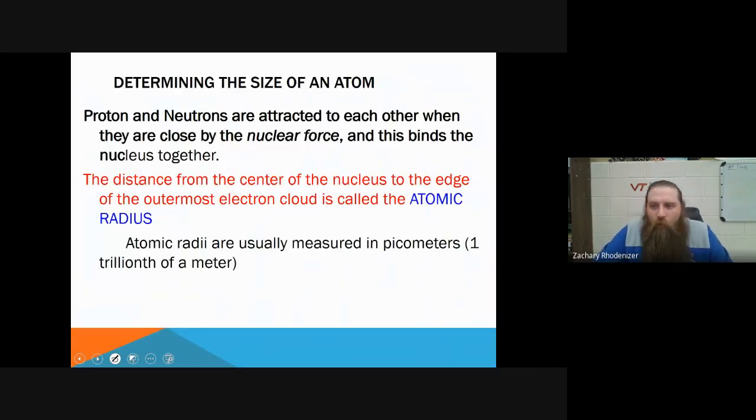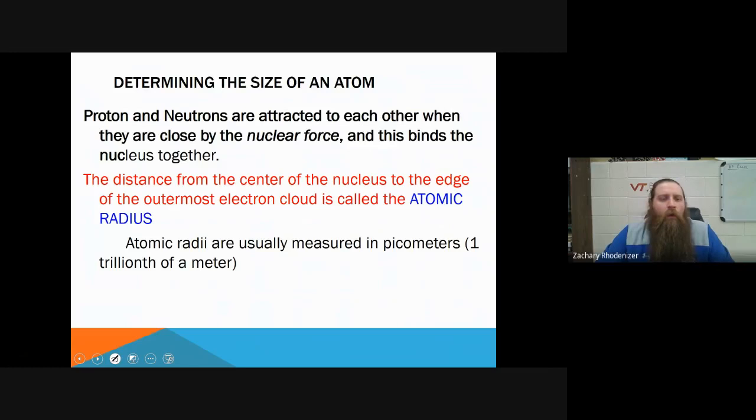Now, some things that we can do with our knowledge of the periodic table. First, we can figure out how big an atom is, its radius. We want to know how large the atom is from the center of the nucleus to the outermost electrons. This is hard because you can't measure an atom directly.